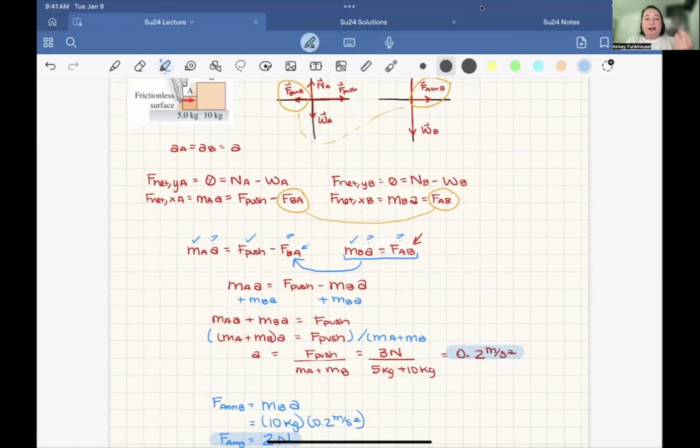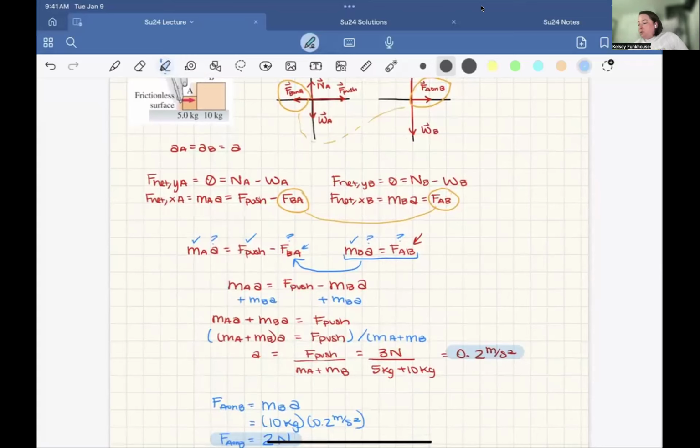We used our technique of, okay, what do we know? What don't we know? And we saw that in both equations, we had 2 things we didn't know, but it was the same 2 things in each equation. So when you have 2 unknowns and 2 equations, you can solve them. If the number of things you don't know matches the number of equations you have, then you can solve for it.